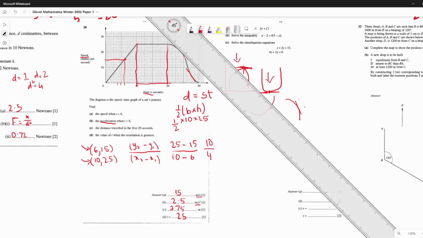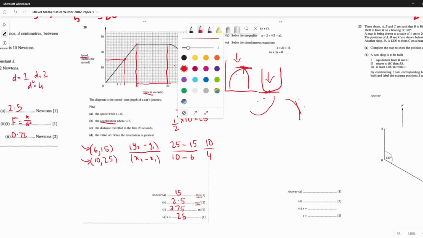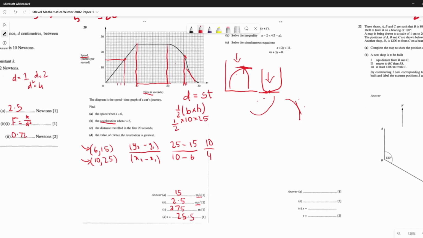Oh, it's trying to use the ruler as a guiding line. But we can see it'd be in the middle of these two, right here would be where the turning point is. So in the middle here would be between 25 and 26, so I'm just going to do 25.5.